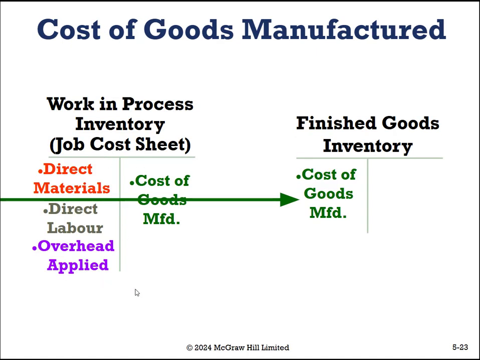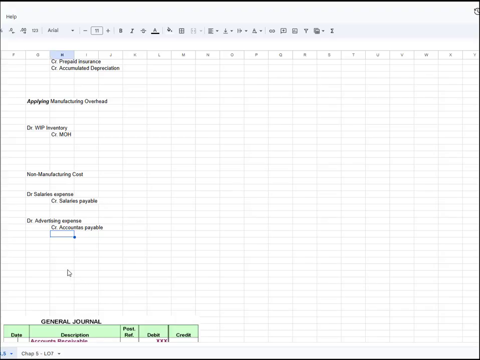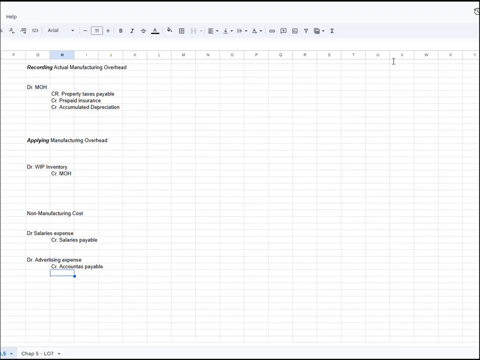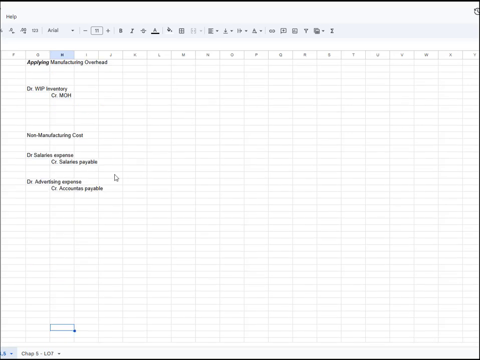Now we're going back to our product costs. We now have our direct materials, our direct labor, and our overhead applied in our work in process inventory. When we actually finish our work in process inventory, it goes to our finished goods inventory, which we saw in our chapter 2 video. So we would say, cool, you're done being manufactured.